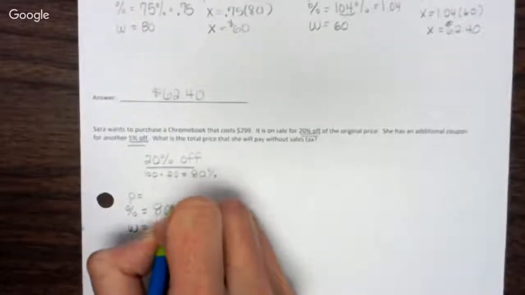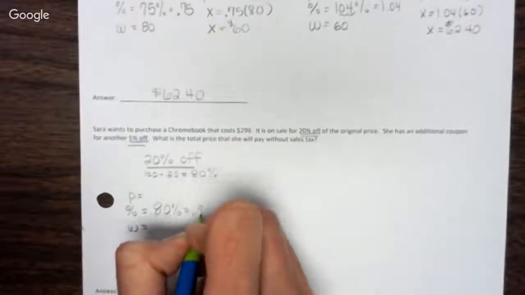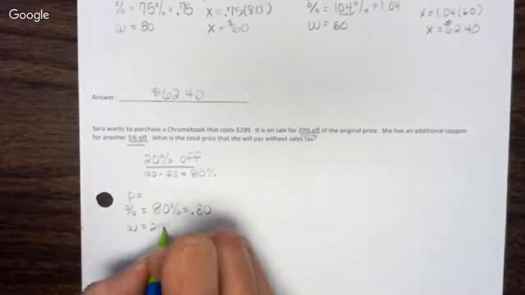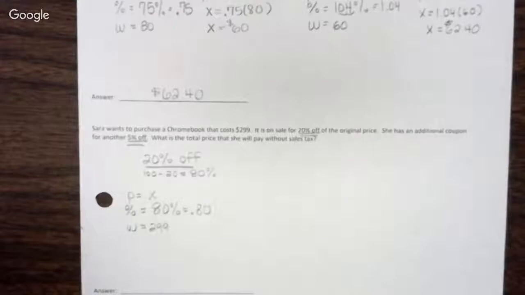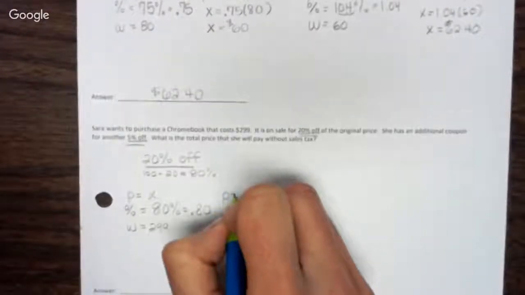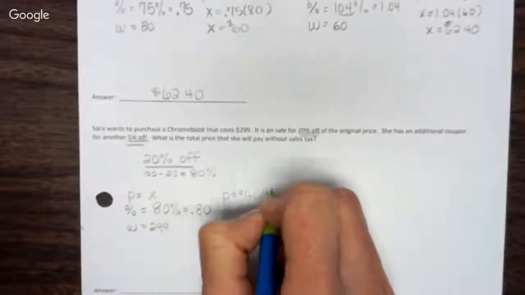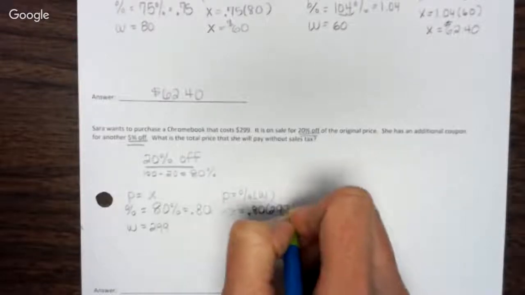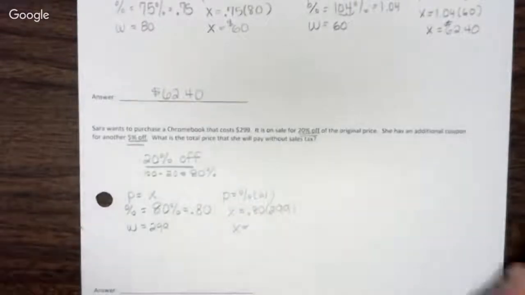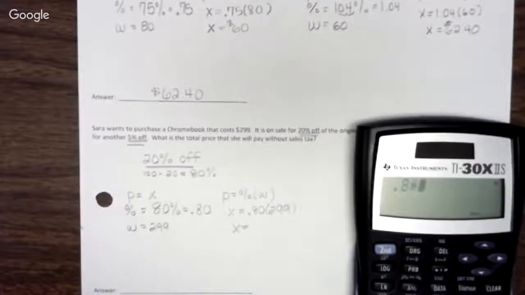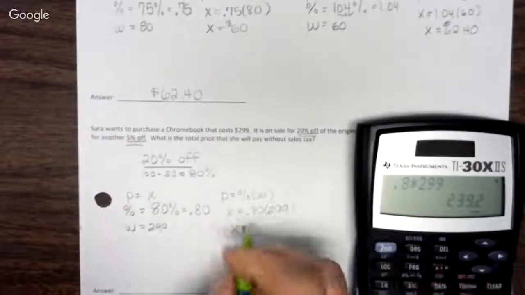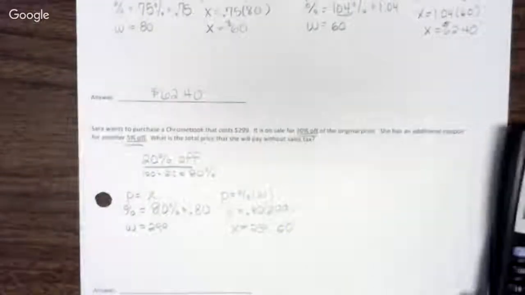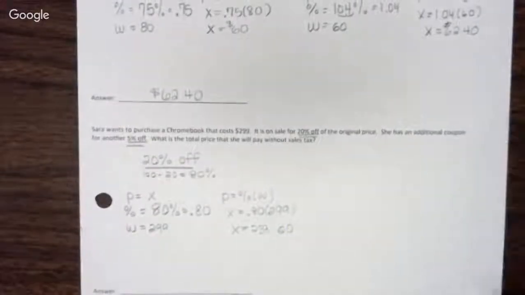The percentage that we're paying is 80%, which is 0.80. The cost of the item is $299, and we want to know what the new price will be. So part equals percent times whole. So 0.80 times $299. Let's bring our calculator. 0.8 times $299 is $239.20. So that's our new price after the first discount.